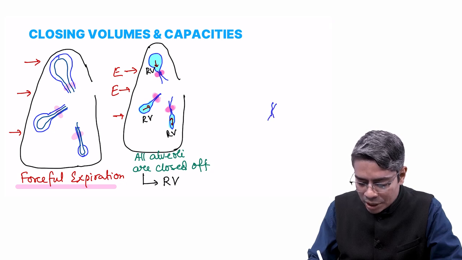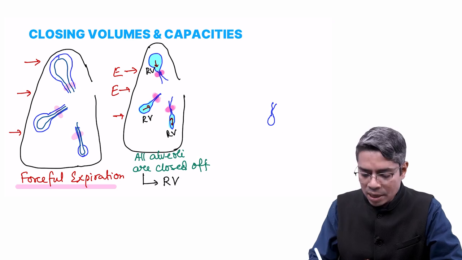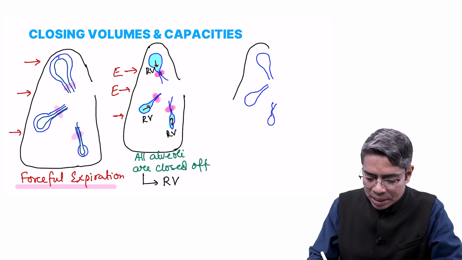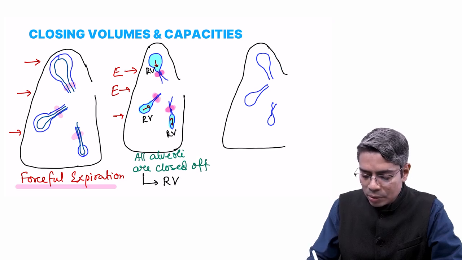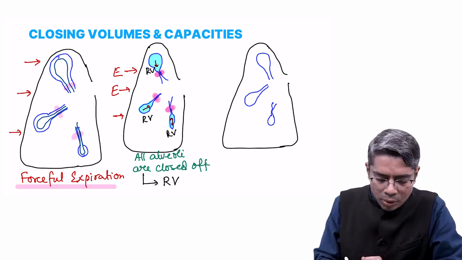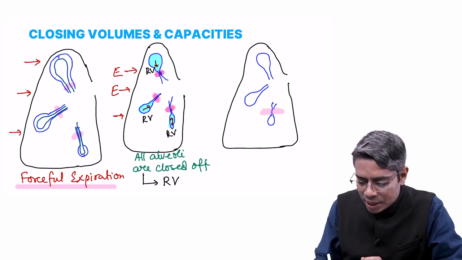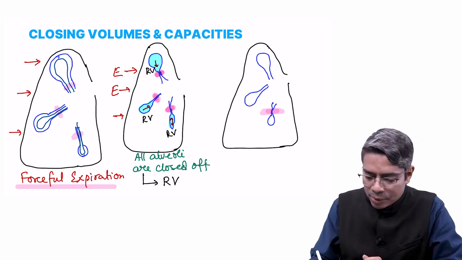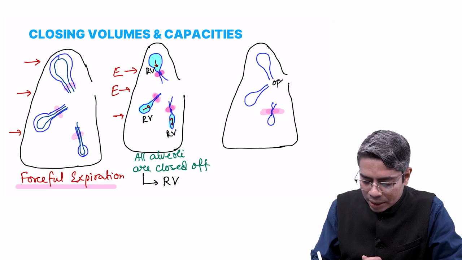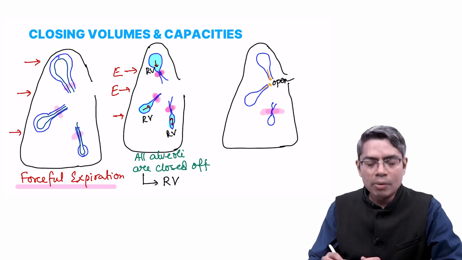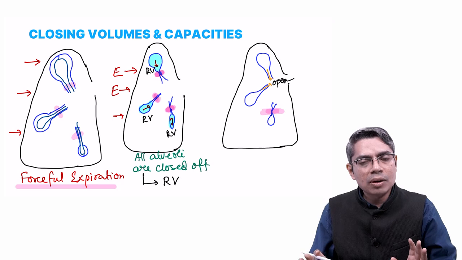So, one condition will be reached where the basal alveoli are closed, but the middle part alveoli are still open and the apical part alveoli are also still open. If I go on with forceful expiration more and more, first one point will be reached where only the basal alveoli are closed up, but the apical alveoli and the middle part alveoli are still open.